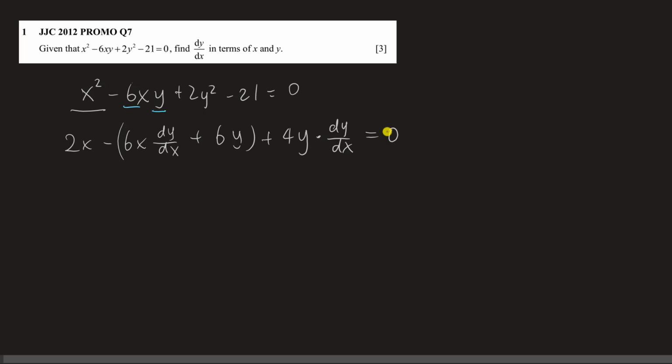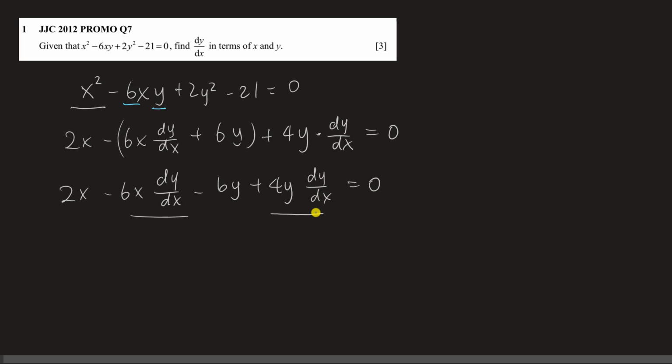Let's do some cleaning up. We will get 2x minus 6x dy/dx minus 6y plus 4y dy/dx equals 0. We will bring this and this over to the right hand side of this equation to give us 2x minus 6y equals 6x dy/dx minus 4y dy/dx.